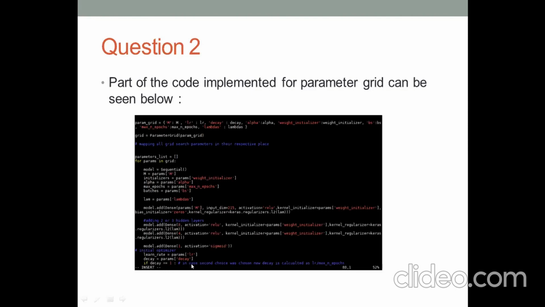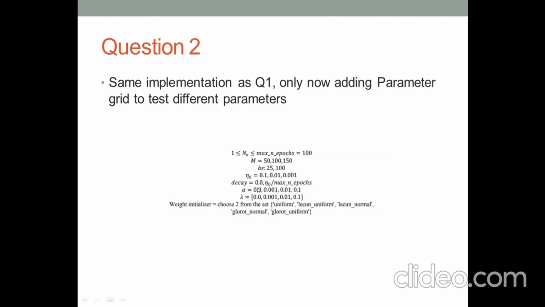In case the second choice, which is 1, was chosen, the new decay is calculated as learning rate over the max number of epochs. So I'm just modifying the decay here. Otherwise, everything is implemented.